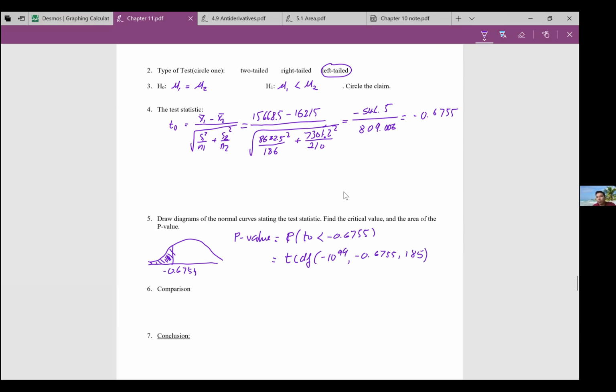And you know why I use 185, correct? Yeah, because that's the degrees of freedom based off the sample size of men, which is smaller. So since n1 is smaller than n2, we're going to use the degrees of freedom of n1. So that's how we got 185, okay? Then put it into the calculator and see what we get.